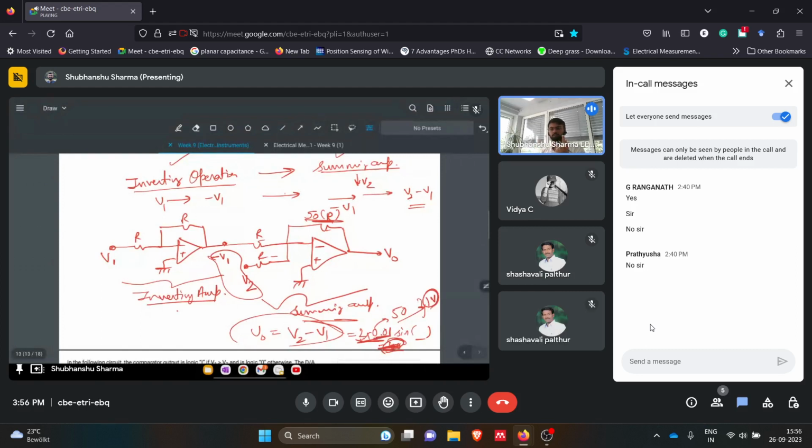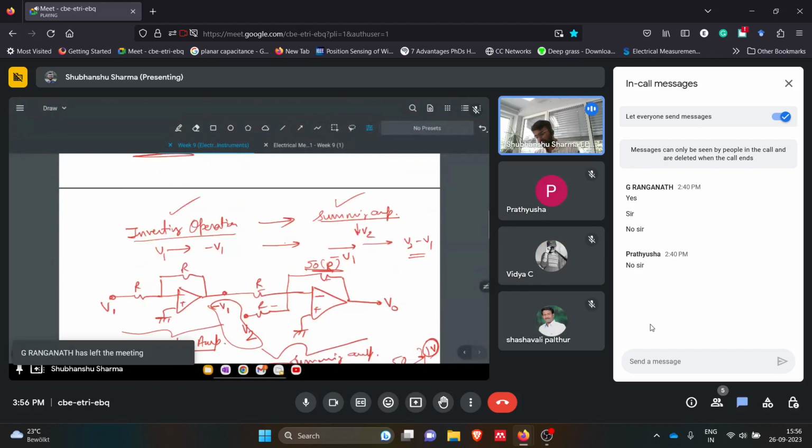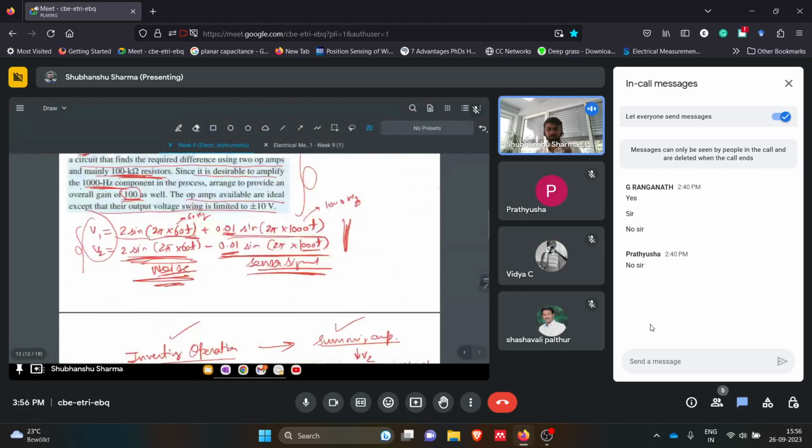So what we did in this question: we removed the noise. Second, we took the difference to get our sensor signal. Third, we amplified that difference so that we can get an amplified version of our sensor signal, because the sensor signal was very small, 0.01 volts, 10 millivolts.